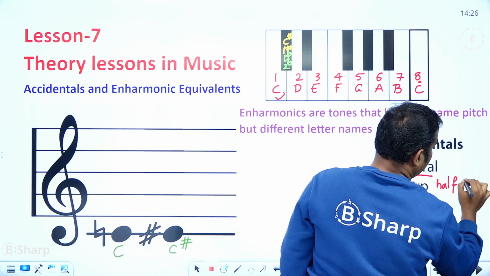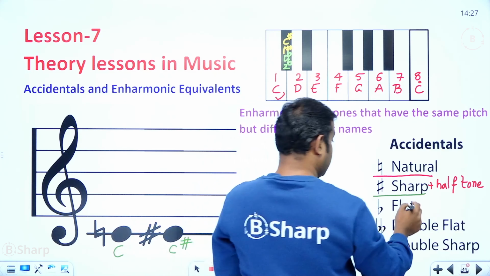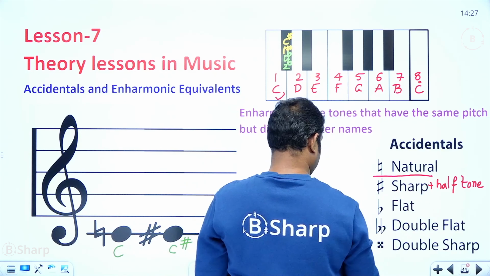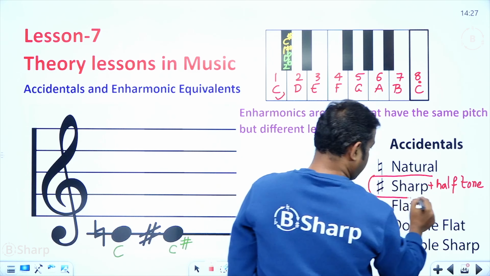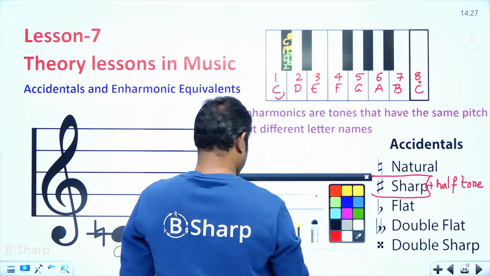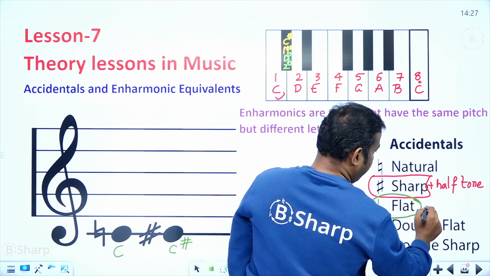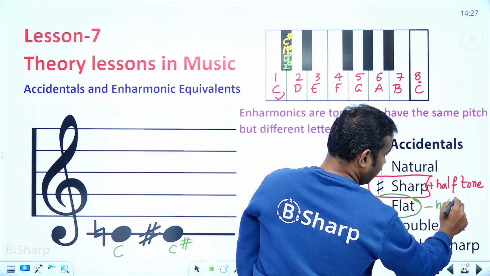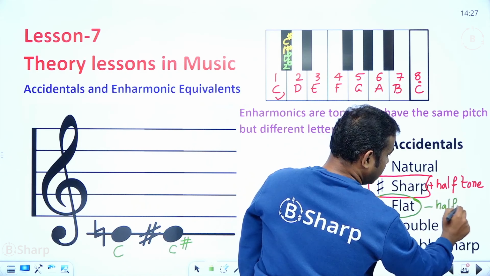So we can say plus half tone. Flat means minus half tone. When I was discussing this earlier, I had also shown it.